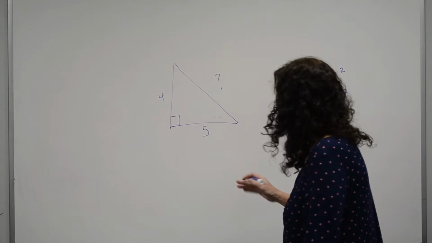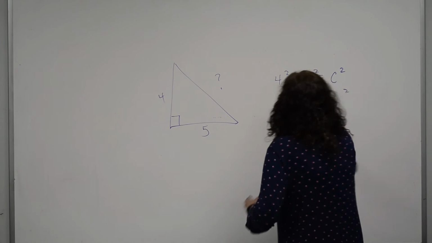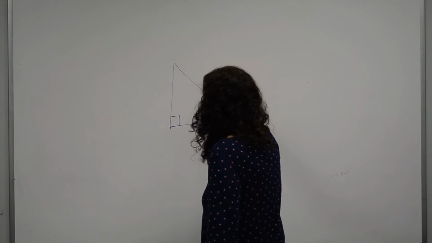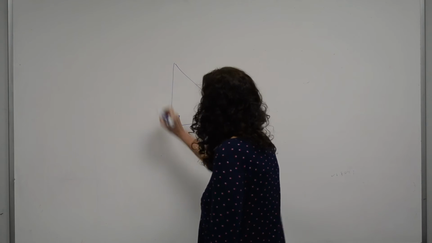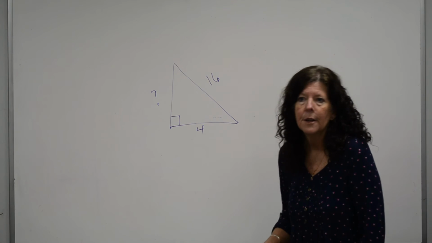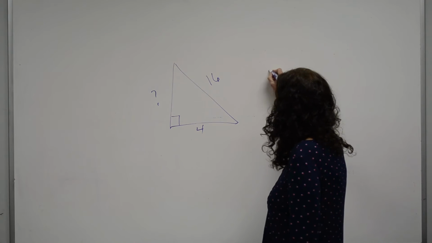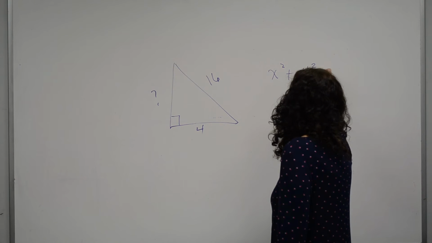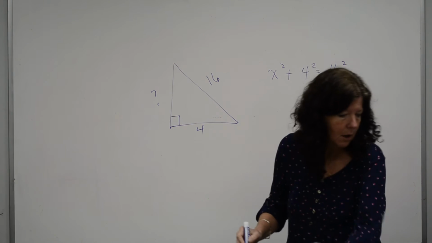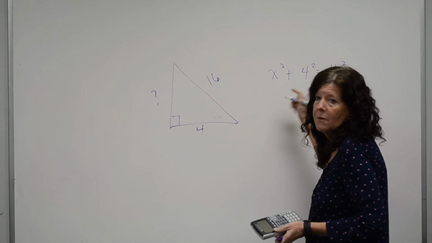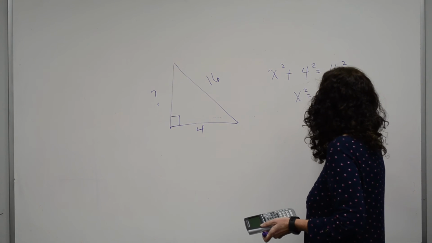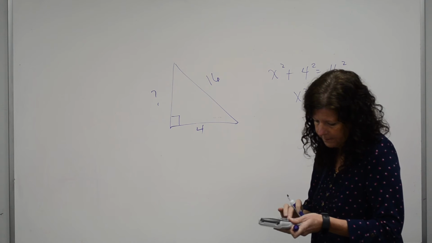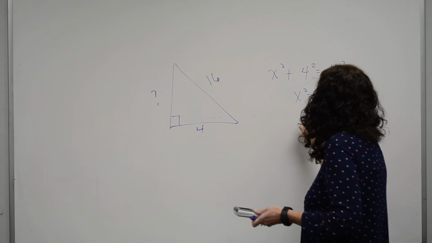Now sometimes, however, they might not give you the 2 legs. They might give you, let's say that's 16, and this is 4, and I want to know what that is. Well, then x squared, being my unknown, plus 4 squared is equal to 16 squared. So then I'm going to have to solve for the unknown. So x squared is equal to 16 squared minus 4 squared. 16 squared is 256.